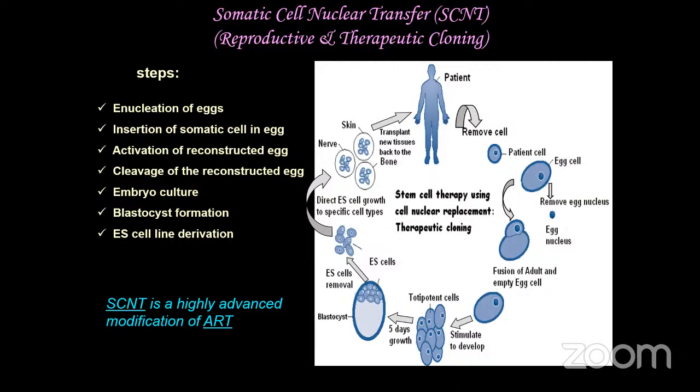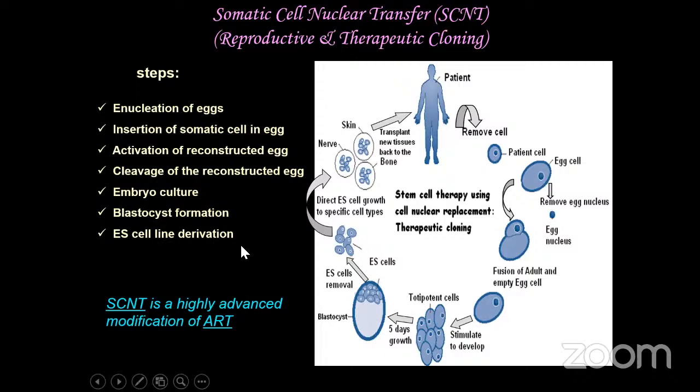Those are stopped at this stage, and the inner cell mass cells can be taken and cultured. These are the steps mentioned on the left side: enucleation of eggs, insertion of somatic cells, activation of the reconstructed egg, cleavage of the reconstructed egg so that you get the blastocyst stage. Then you can culture those and derive the ES cell line.